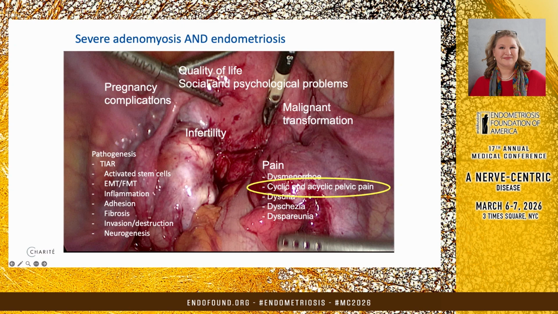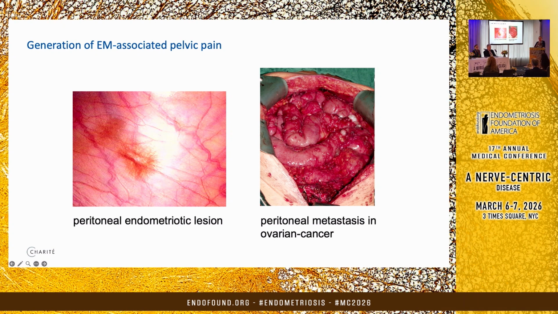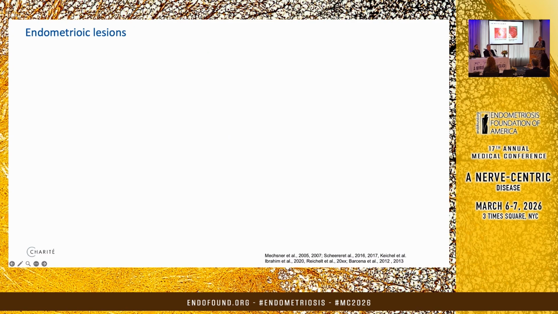So I picked out this idea to explore in more detail the pathways of the cyclic and acyclical pain due to peritoneal lesions, because it is really intriguing that such a small peritoneal endometriosis lesion is able to induce so strong pain, whereas in patients with ovarian cancer, it's still without any symptoms. That is really, really interesting.